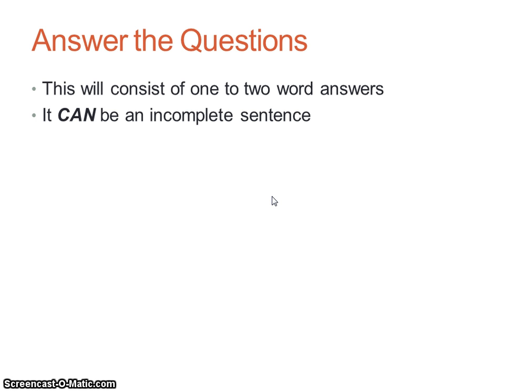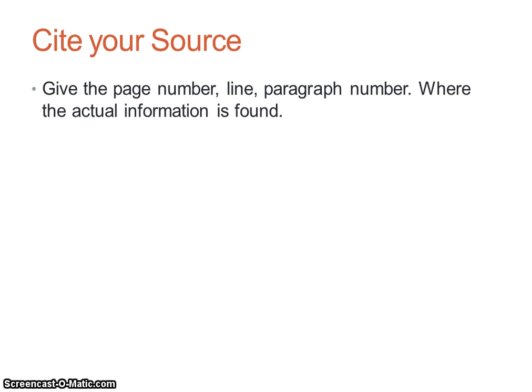In most of your classes, especially in language arts, and actually any of your classes where you have to answer a question, most of your teachers require complete sentences for your answer. Some of you, the teacher will go back and make you redo the question if you put one or two words. Well, in the A part of the ACE strategy, you can put the one or two words there. Just answer the question straight out, very quick. All right, what you think the answer is to the question.